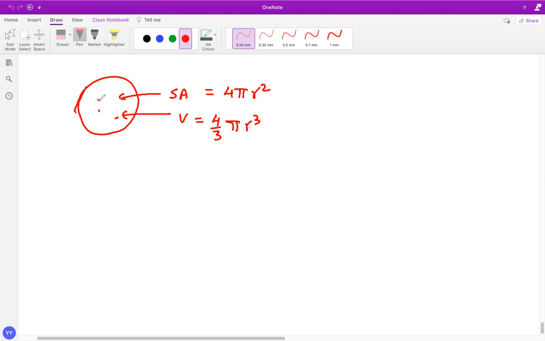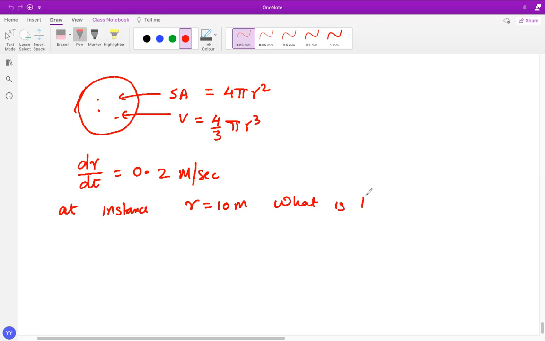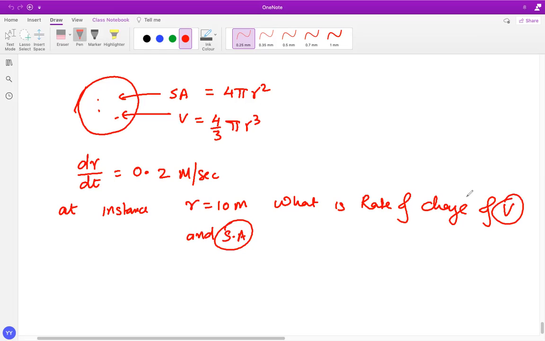Now it has been given that due to heat it is expanding, the radius is increasing at a rate of 0.2 meters per second. Now at an instance when radius is 10 meters, what is the rate of change of volume and surface area?